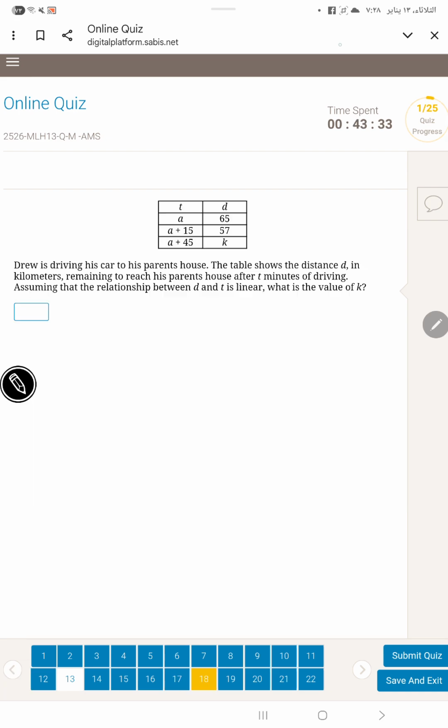Question 18 now. So in this question, we want to find the value of k given you have a linear function. So to do that, let's write the equation y equals mx plus c. We can write it in the form given to us in the table: d is equal to mt plus c.